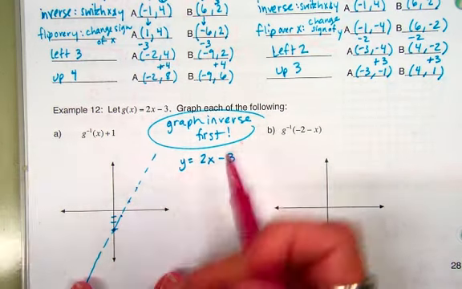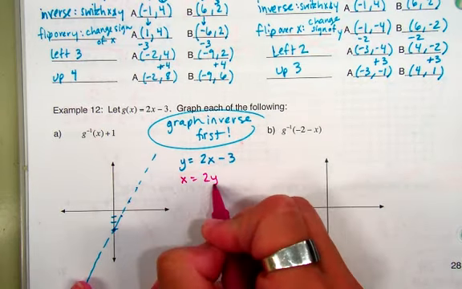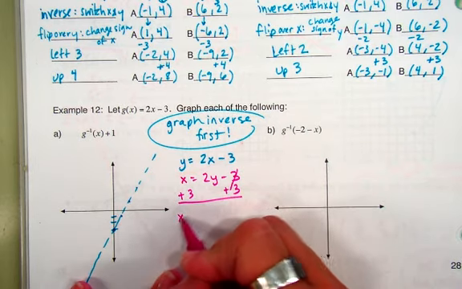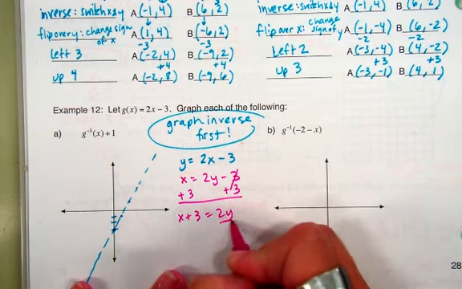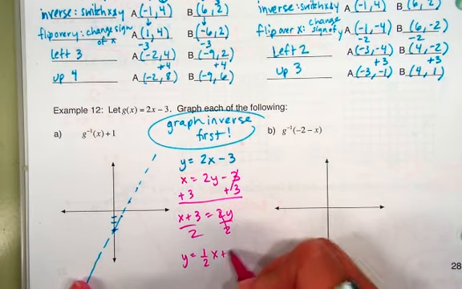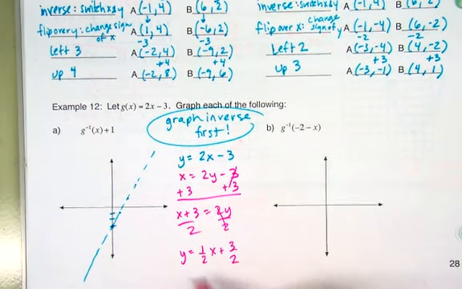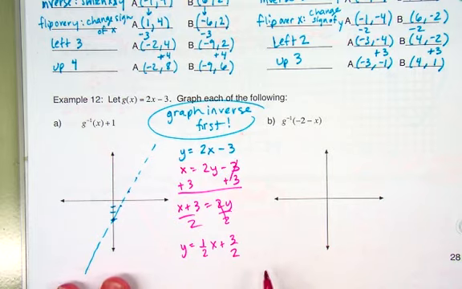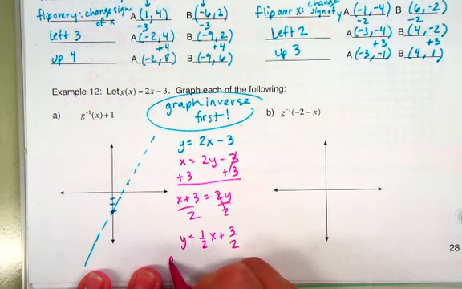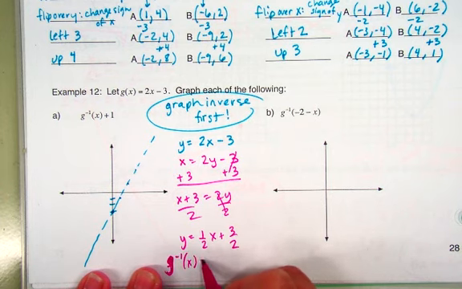Switch x and y. And notice how I wrote it like this, just because now it's in mx plus b format and it's easier to graph it. So this is my inverse. Oh, this was g, sorry. So g inverse was 1/2 x plus 3/2.